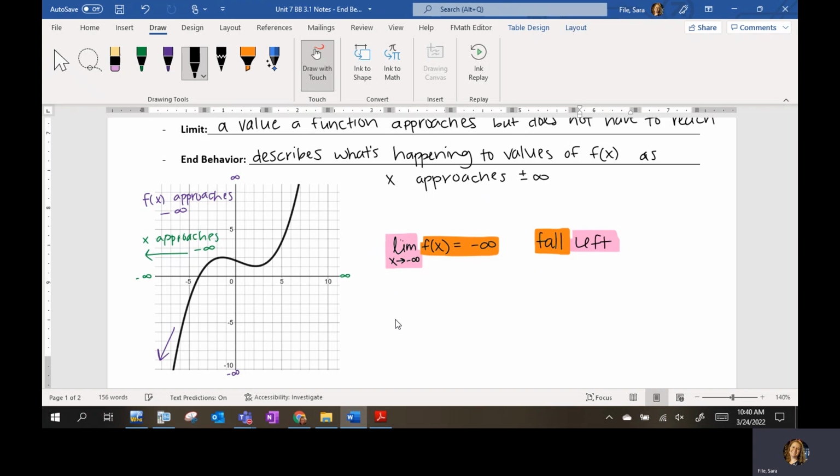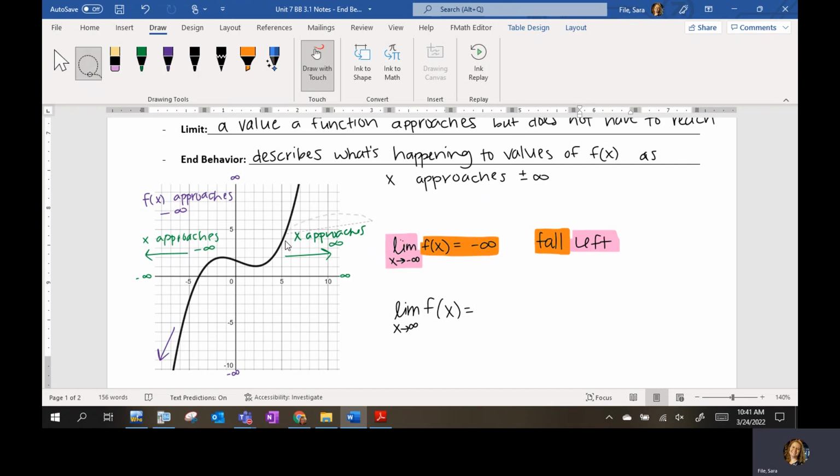Now the right side, I would say the limit as x approaches infinity of f of x is, so let's go to the graph and do the same thing. So as we go to the right, so as x approaches infinity, what's happening to f of x? I'll move that down a little.